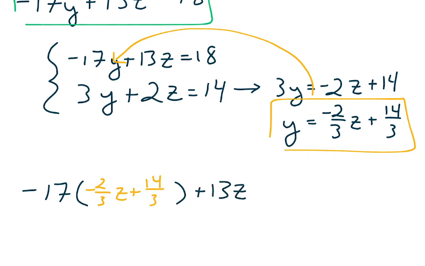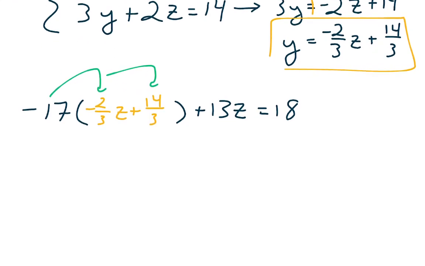Not necessary. We just need to trust that if we continue to solve, that is, do the distributive property and so forth, that things are going to work out. Now, negative 17 times negative 2/3. You could put that in a calculator, or you can just multiply the numerators to get positive 34.